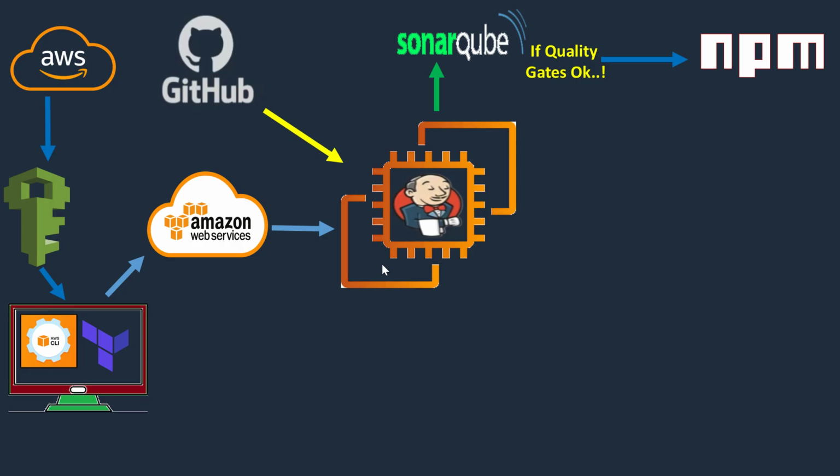So we are going to install and configure npm, then it goes to the Trivy level. So what is this Trivy? Trivy is also open source. It is used for scanning vulnerabilities. It is used to scan containers, container images, and file systems for vulnerabilities.